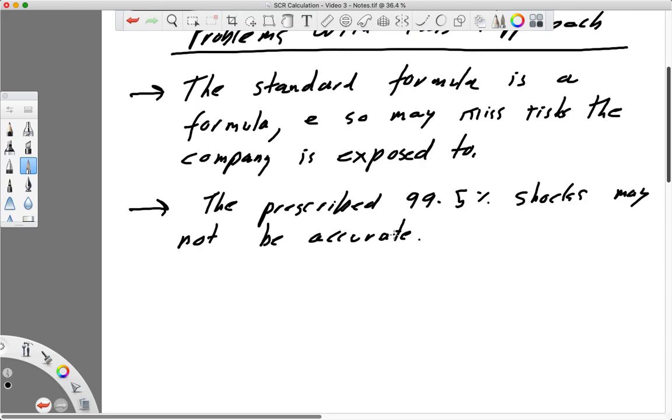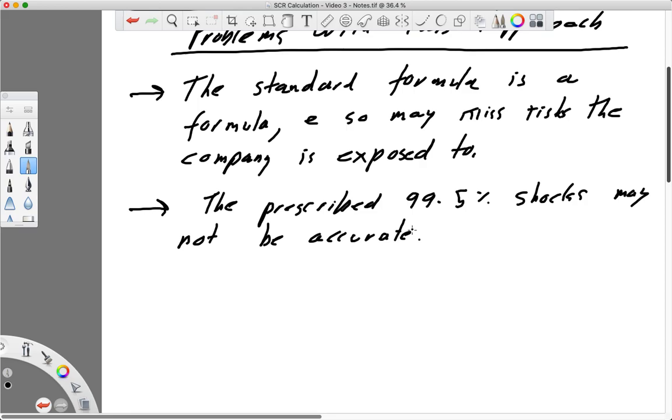Is that accurate? Should it be 39%? Should it be 30%? Should it be 45%? What's your analysis of the data? What conclusion do you come to? You might come to a different conclusion compared to what the regulations are telling you to do. You might disagree with the regulations. You might think that for some shock somewhere the regulations are not accurate and significantly not accurate, but you have to do what the regulations say because you're following the standard formula.